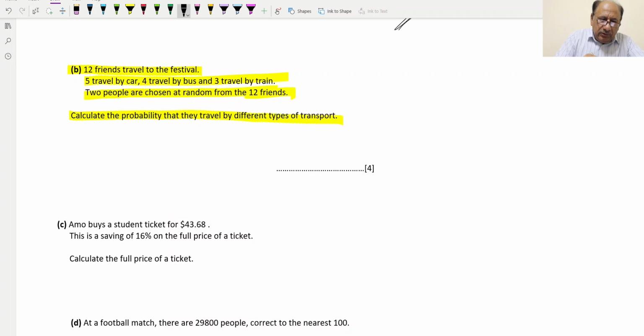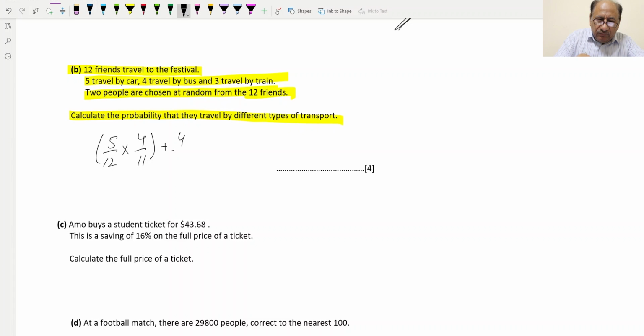It can be car and bus. So car and bus will be 5 by 12 and bus will be 4 by 11. This can be one situation, or the second situation can be bus and train.